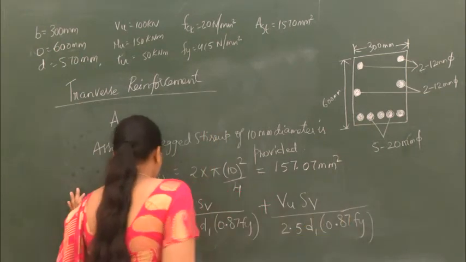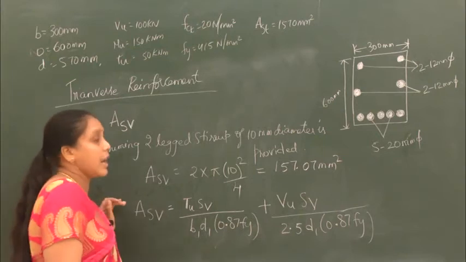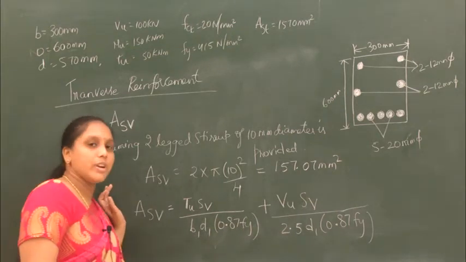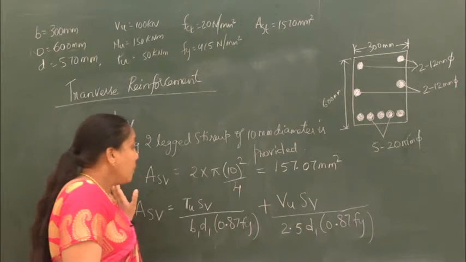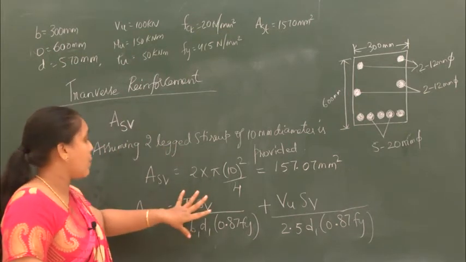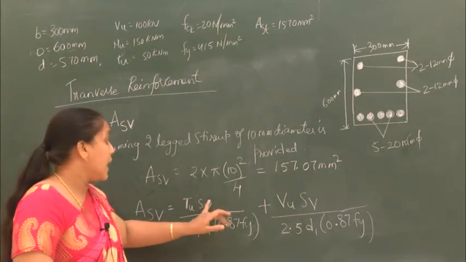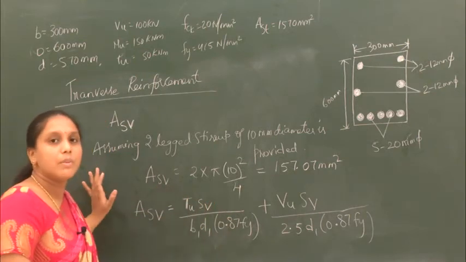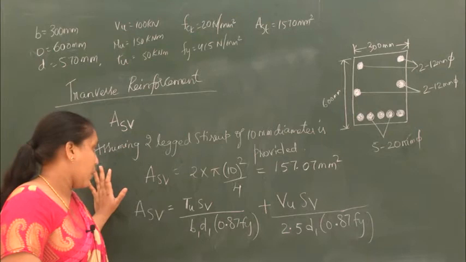This equation is given for the transverse reinforcement in IS 456-2000. In this equation we have to substitute all the values and we can get the SV. SV here is nothing but the spacing required.